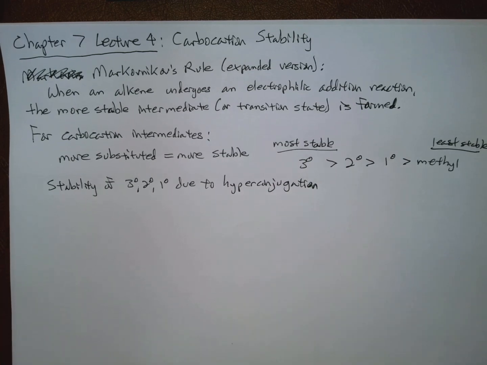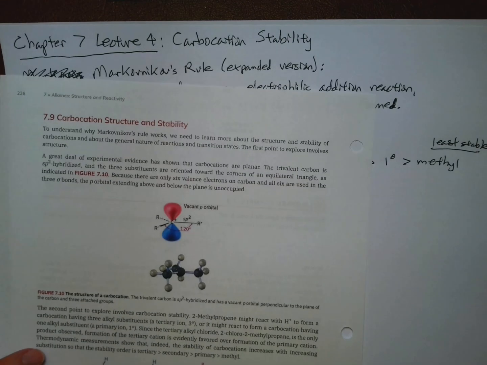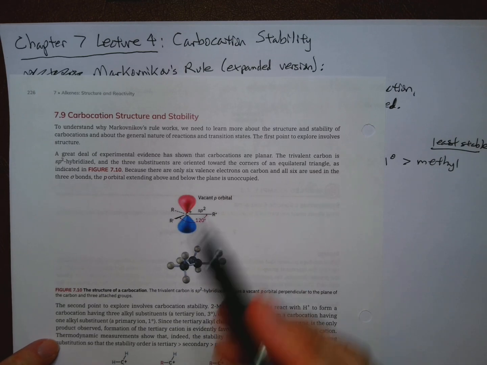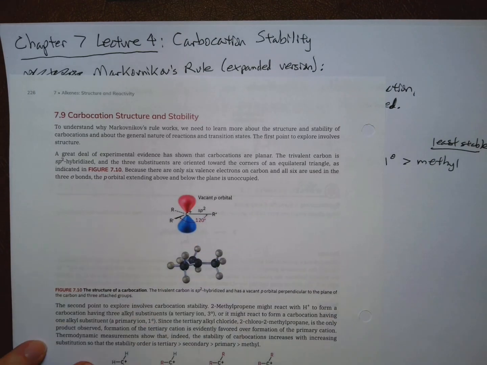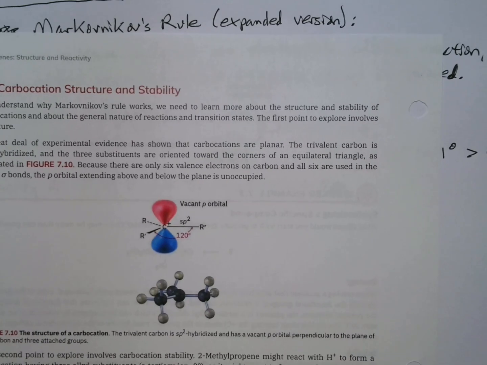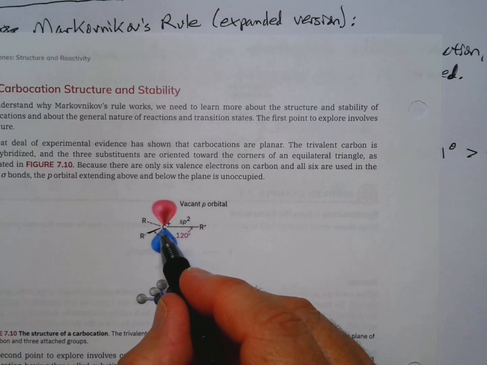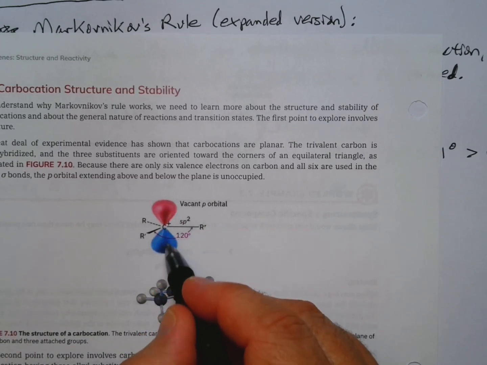One thing that's important to realize about a carbocation is that carbocations are planar. When we have that carbon with a positive charge, we have an incomplete octet. We only have 6 valence electrons, so we have a leftover p orbital. That's the blue and red thing here.